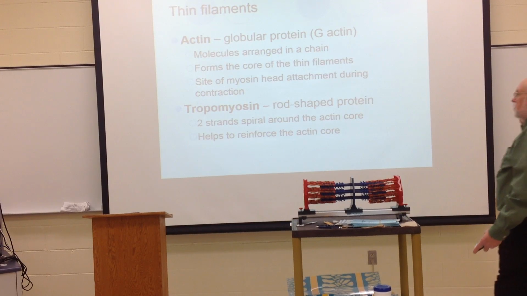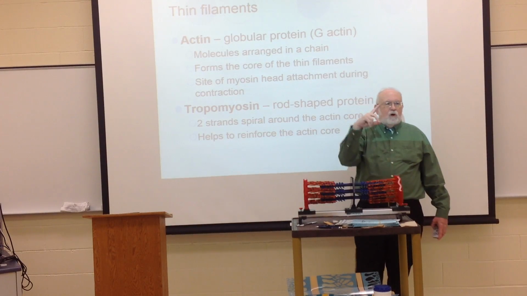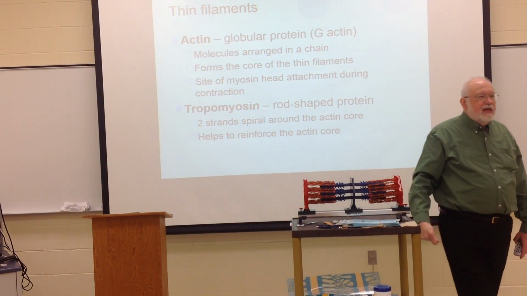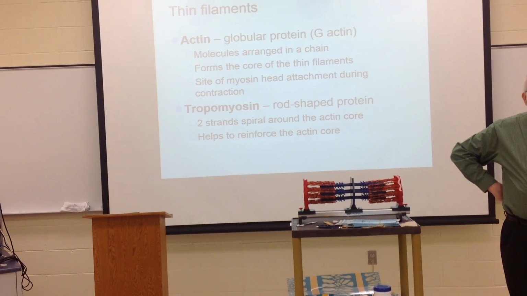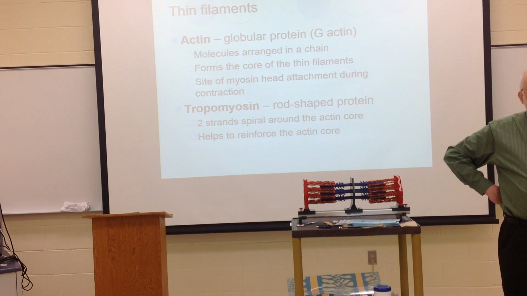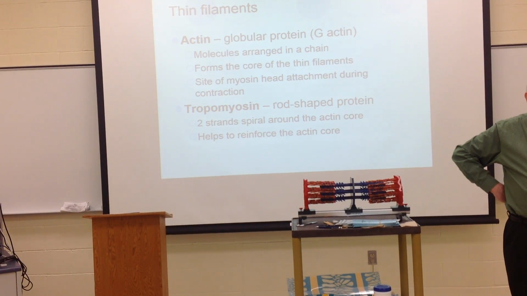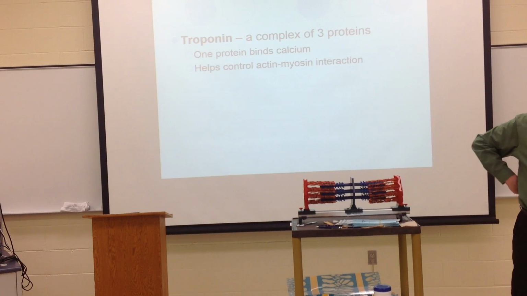All right? So tropomyosin, as we've mentioned, these two spiral strands you saw going around that thin filament, the yellow-like threads, when it's relaxed, those are actually covering up the myosin binding sites on actin. When muscle is contracting, the tropomyosin has moved off and exposed those myosin binding sites on actin, so the myosin heads can attach. But what caused it to move? Oh, the other protein, troponin.